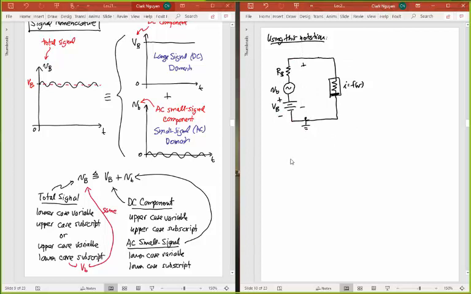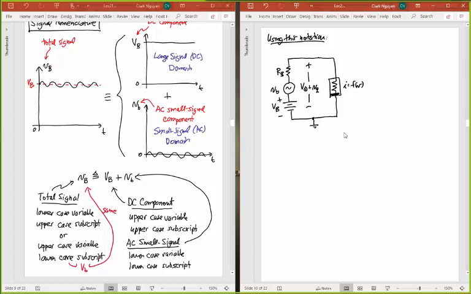I'll fix that later on. But between the plus and minus here, this voltage I can now write as V capital Q plus little v lowercase q. So that's what I'm trying to get at here. It's the same circuit. All I've done was split the input voltage into its components.